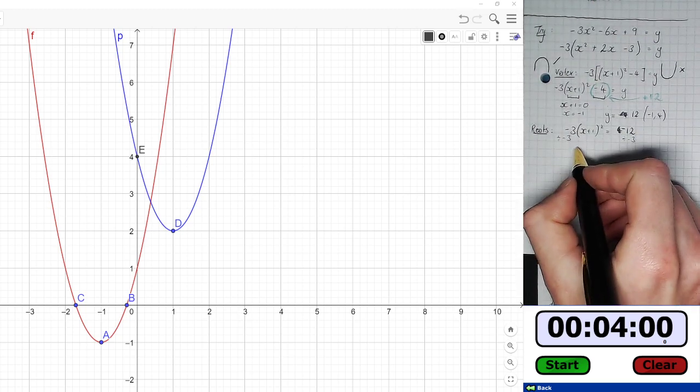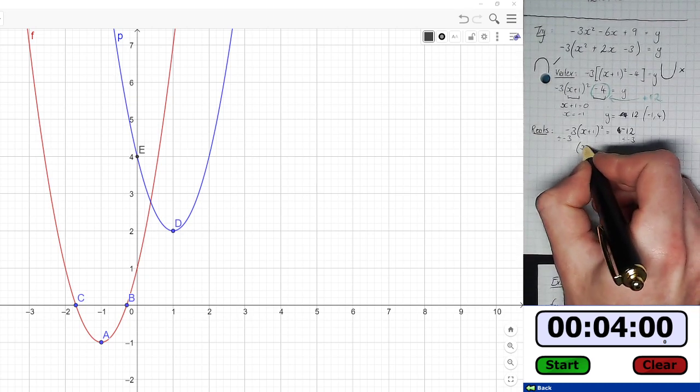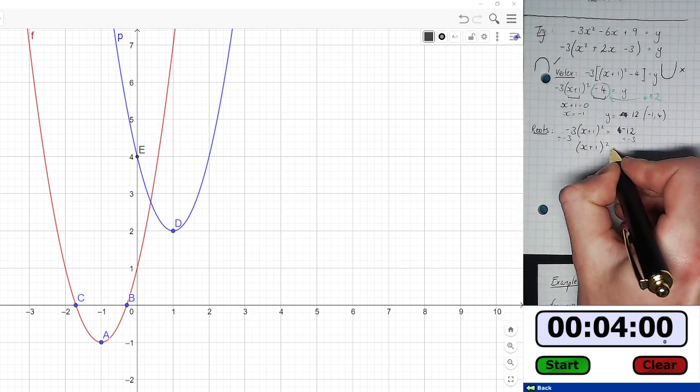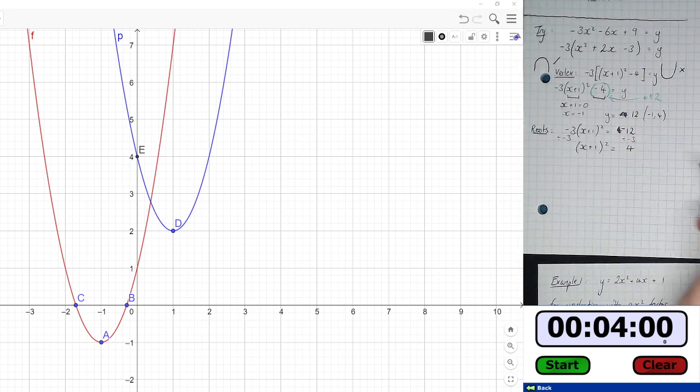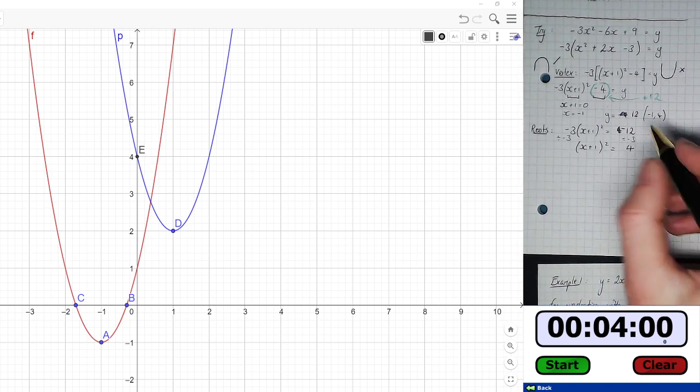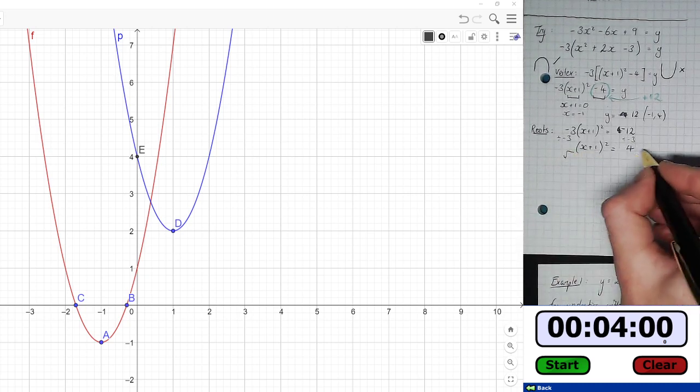Okay. So we look to divide by negative 3. So negative 12 divided by negative 3, that gives us positive 4. So we have a positive number. That means that we will have roots. We have to then square root both sides.